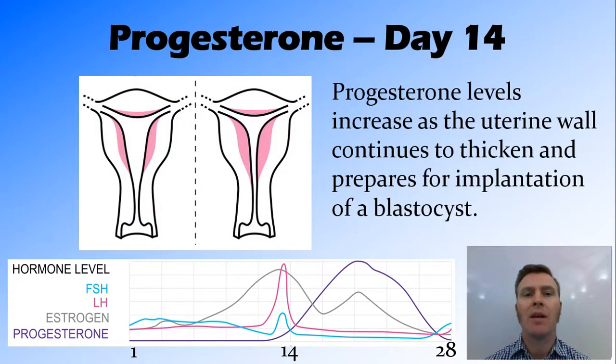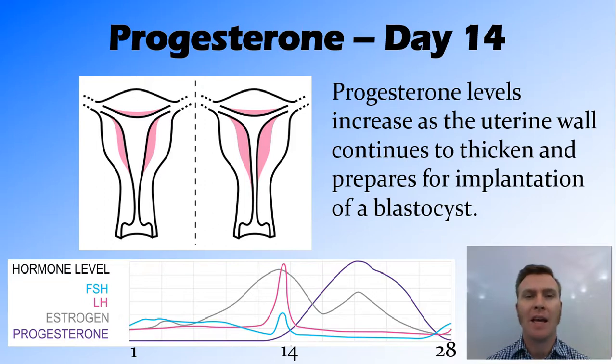Around this time, the amount of progesterone produced by the ovaries starts to increase. And this progesterone continues to thicken the uterine wall, as well as preparing the uterine wall for the implantation of a blastocyst. Now, blastocyst is a bunch of cells, so we have a fertilized ovum or egg, and that then starts dividing.